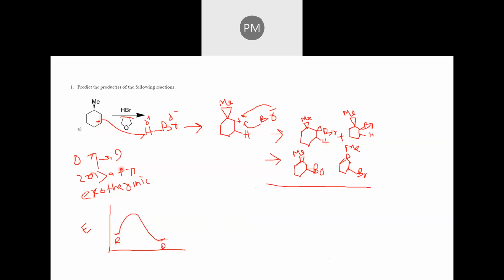This pi surface has a sigma and a pi bond, but after a product is produced we get two sigma bonds. Two sigma bonds are energetically more favorable as compared to sigma and pi. So these processes are exothermic. In the reaction coordinate energy diagram, the product will be more stable as compared to the reactant, so they are more prone to forming a stable product.